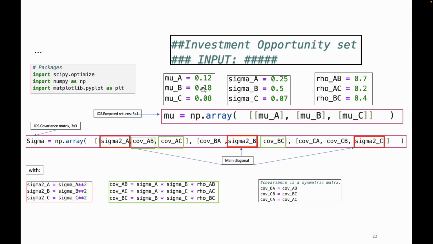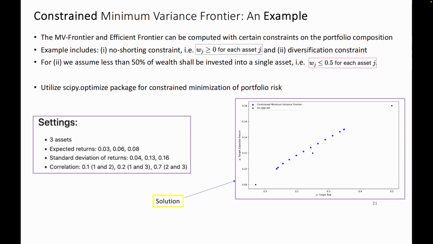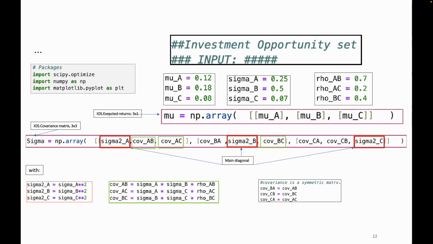First thing we need is to translate the investment opportunities into the code. So we need the mu and the sigma. The way I've been doing it here, I write down what was given. Wait a minute. Oh, I see.